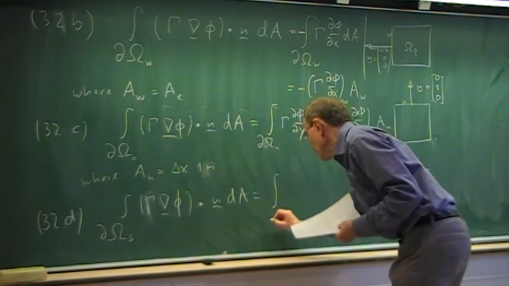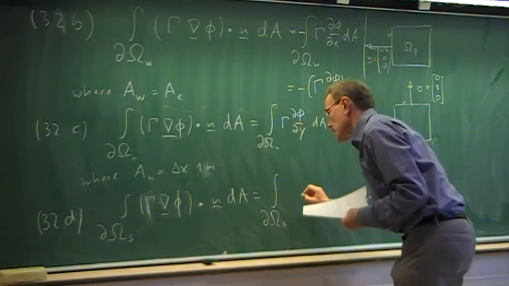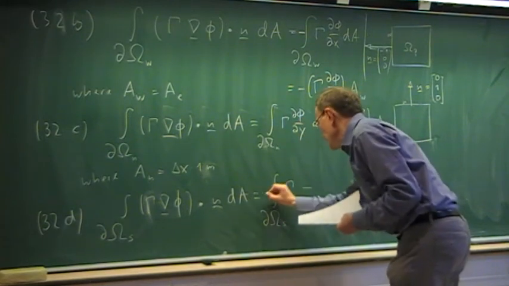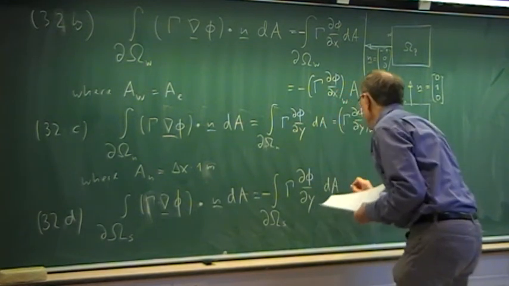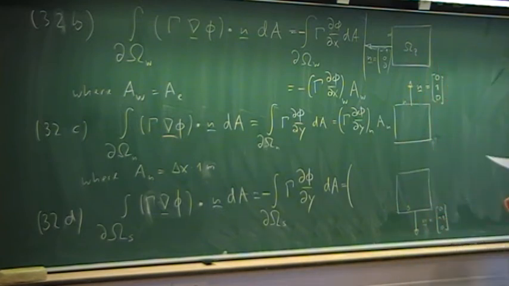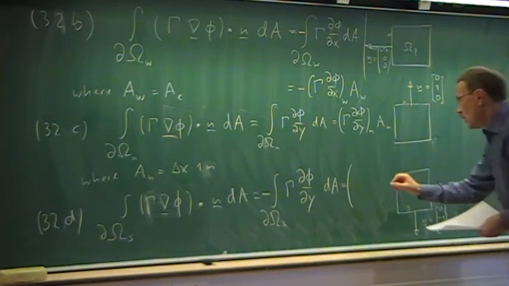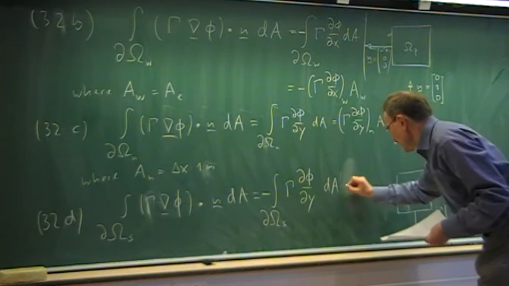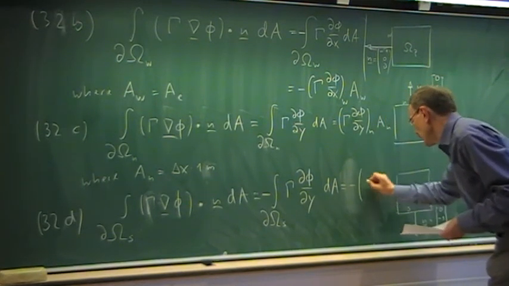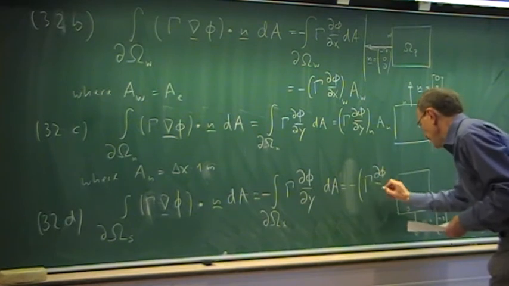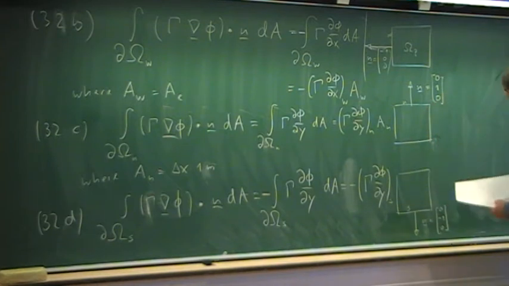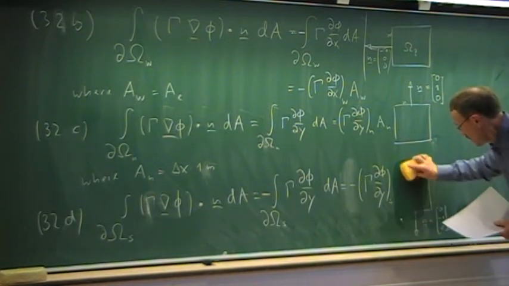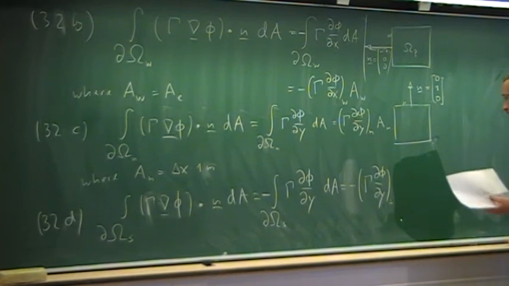So we get the surface integral over the southern face of gamma, and it is the minus d phi dy, surface integral. And then we represent that as the mean, and that is then minus gamma d phi dy at the southern face times the area at the southern face.